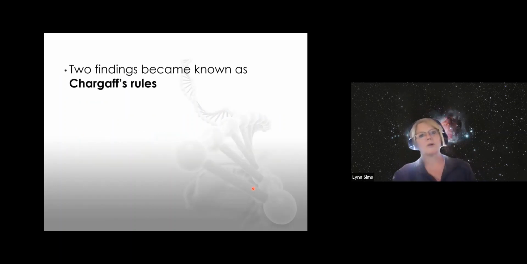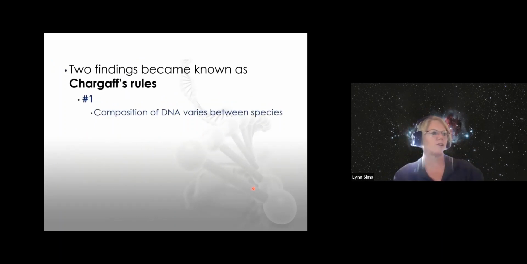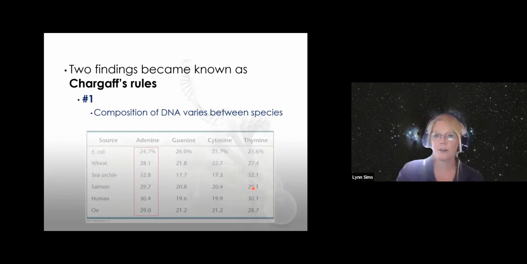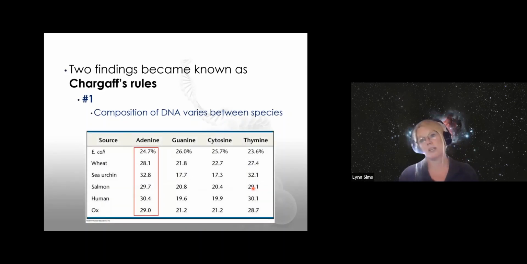He also came up with two rules. The first one, of course, is that the composition of DNA is going to vary between species. And you can see this in the table that's in your textbook. So you can see E. coli, wheat, sea urchin, salmon, human, and ox, sorry, I skipped that one.